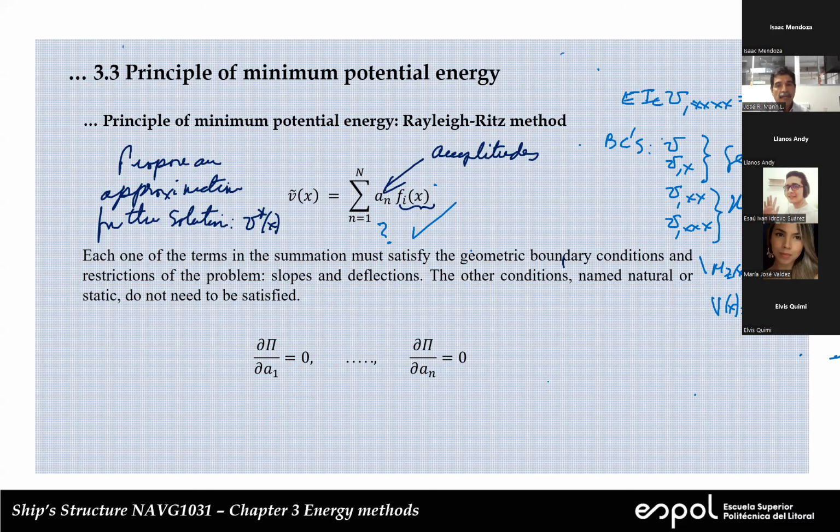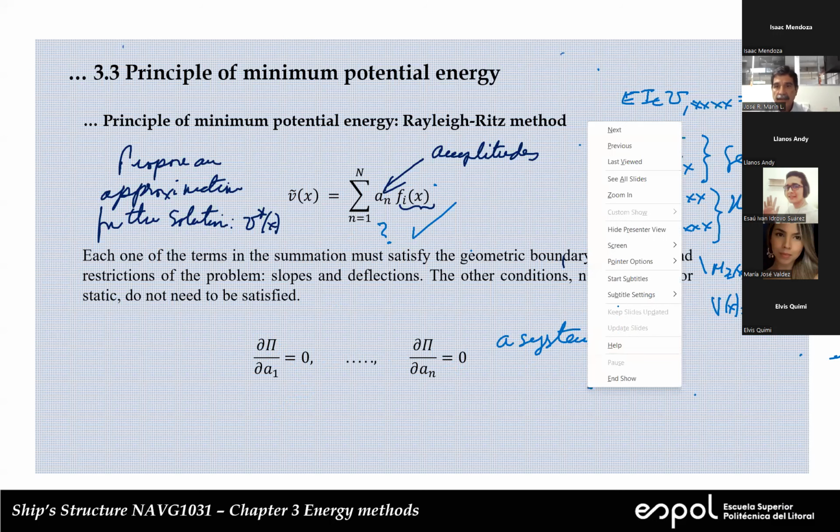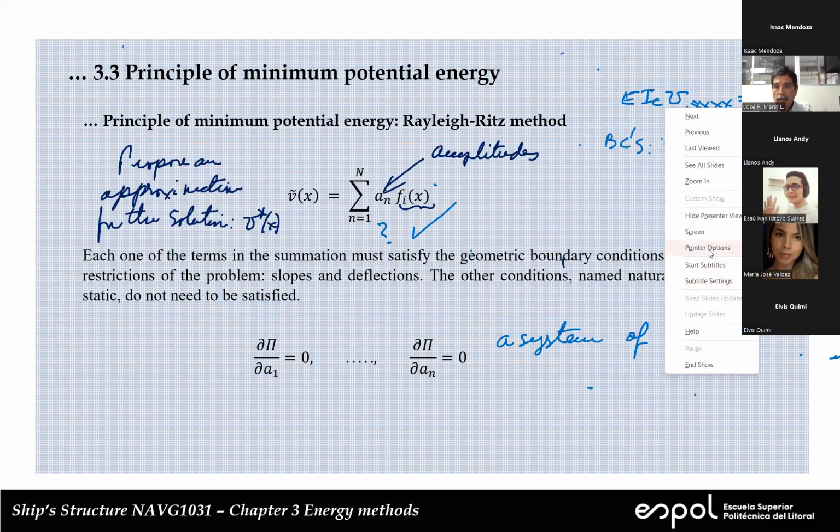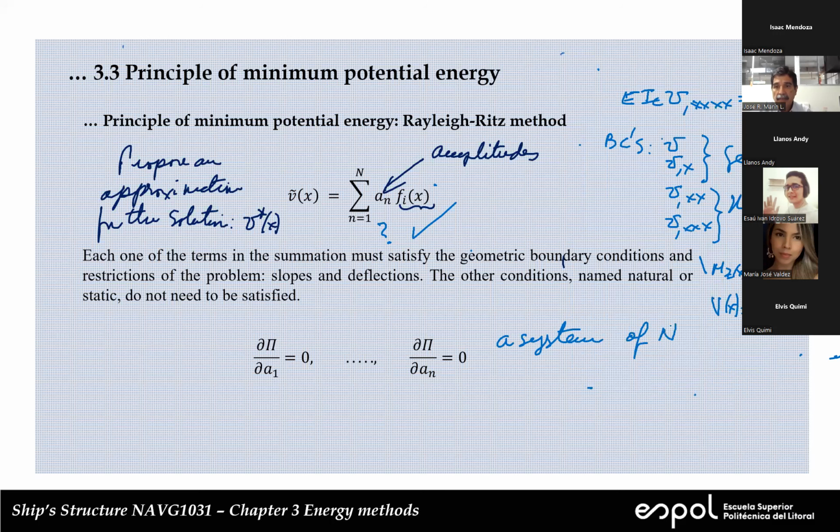So from here, we're going to have a system of N algebraic equations to find the a sub n's, where n goes from 1 to N.